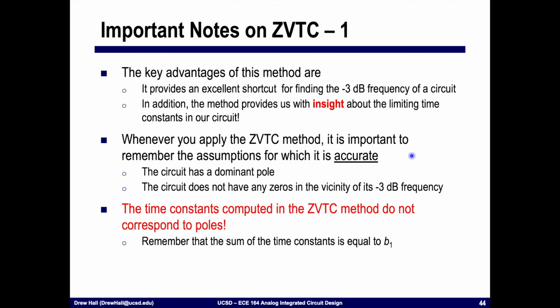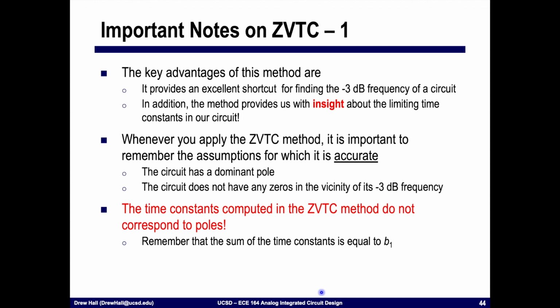However, there are a couple of caveats, and I think it's always important to remember some of the assumptions that we made. One of which is that we assumed that the circuit has a dominant pole. Even going back to very early on in the calculations, we assumed that there was only one pole and that it was a dominant pole, that the other pole was 10x farther away, and that's how we were able to discard that 1 over P2 term.